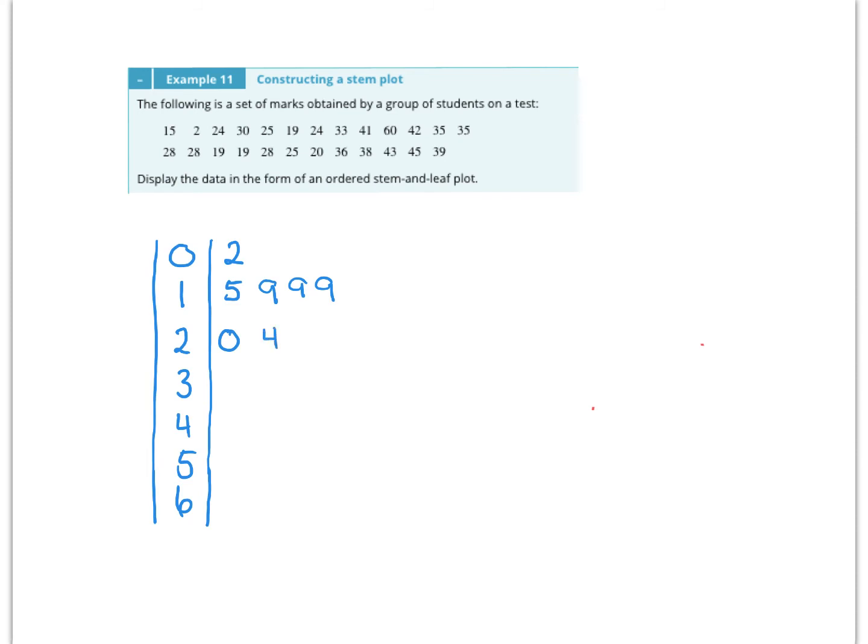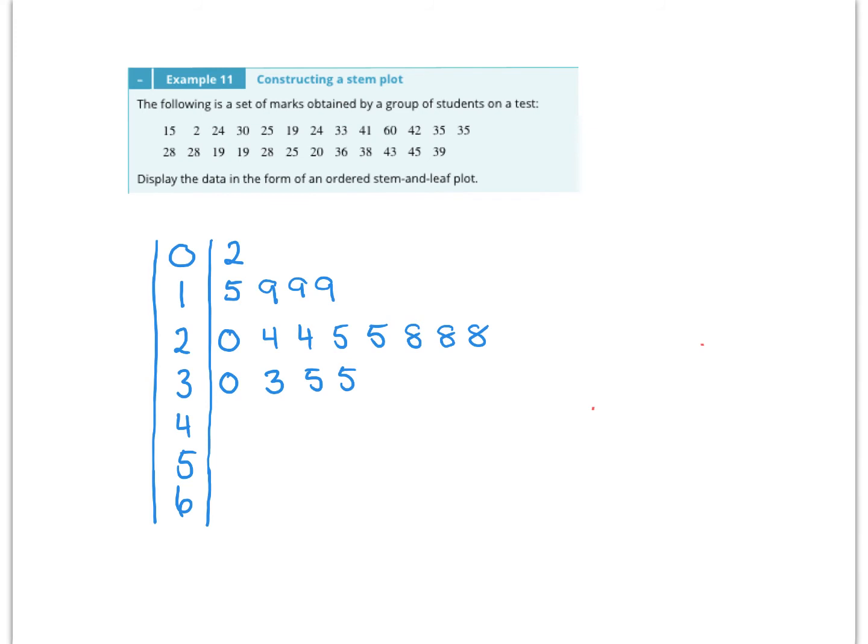And then I had 24. Did I have 2 of them? Yeah. And then I had a 25 and a 25. And then 3 28s, was it? Yeah. 1, 2, 3. Anything else? No? And then a 30. 33. A 35. 2 35s.